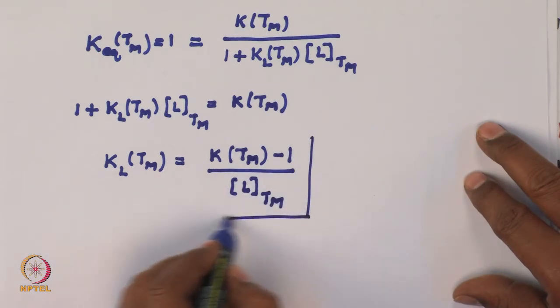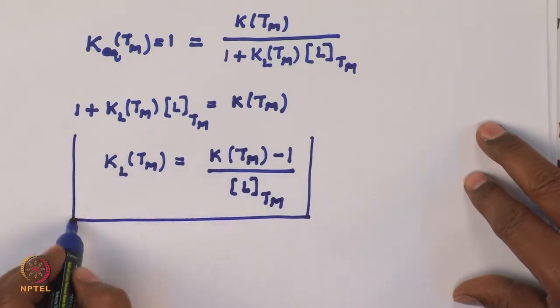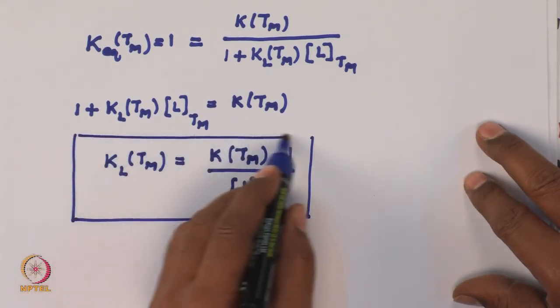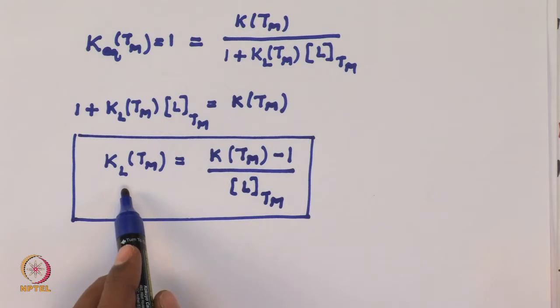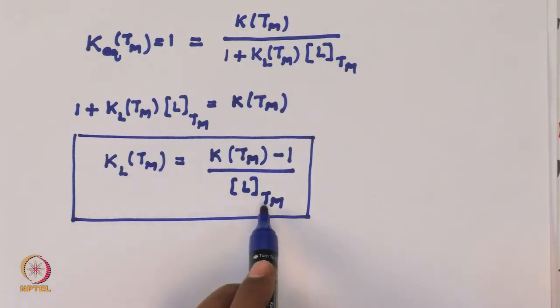This result connects the Kl and the concentration of ligand at Tm.